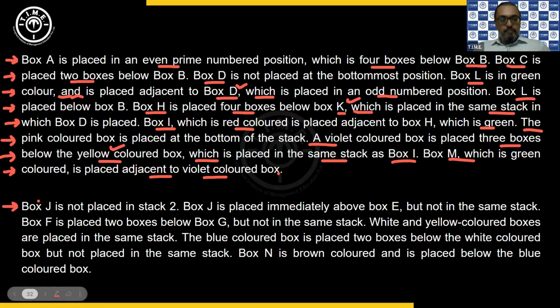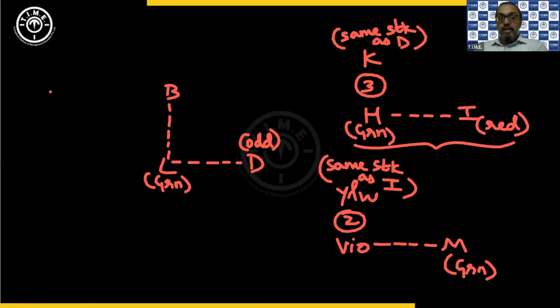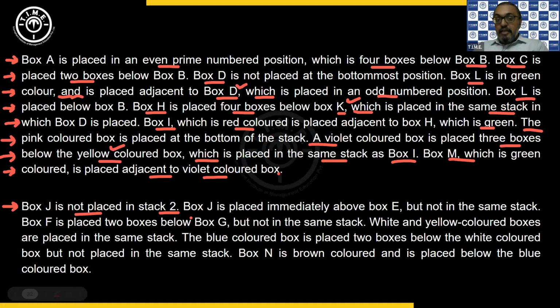Then next, we have box J not placed in stack 2. So if box J is not in stack 2, J has to be given in stack 1. And then he says J is placed immediately above E, but not in the same stack.